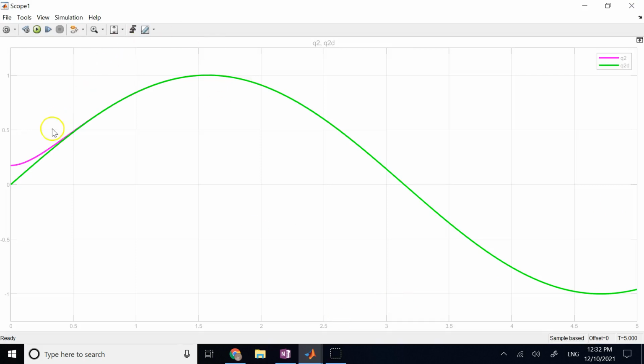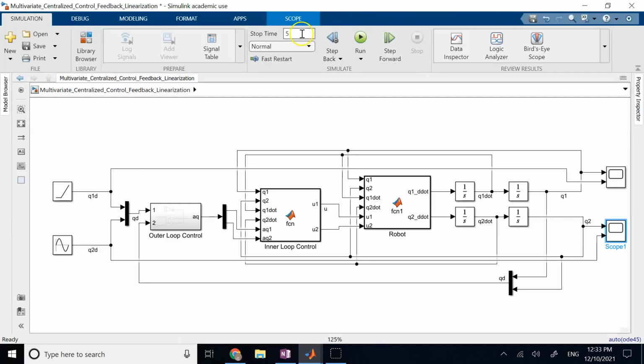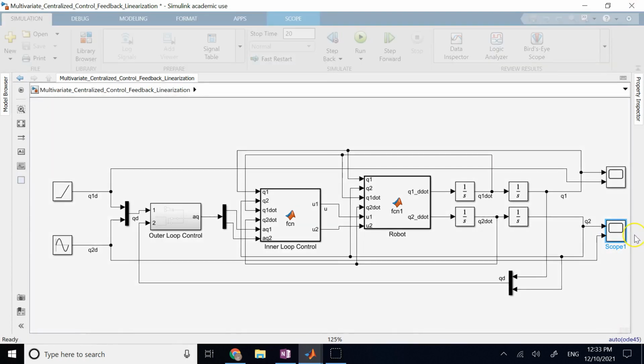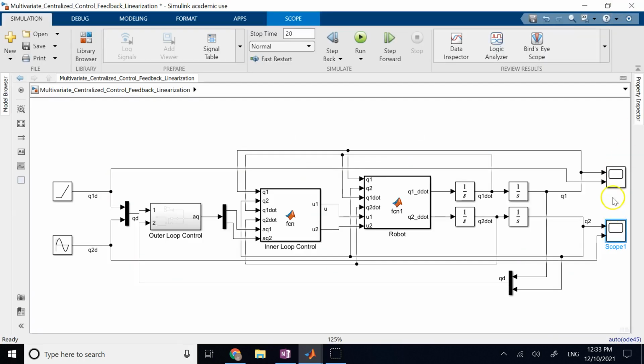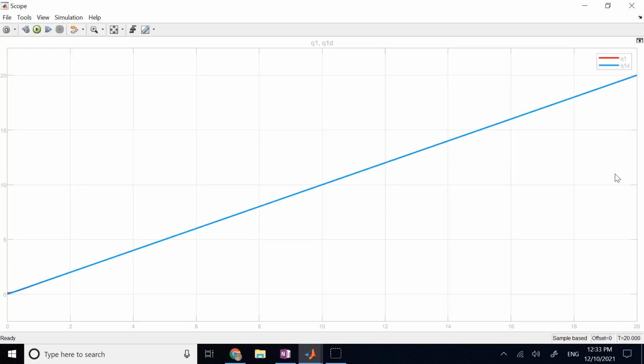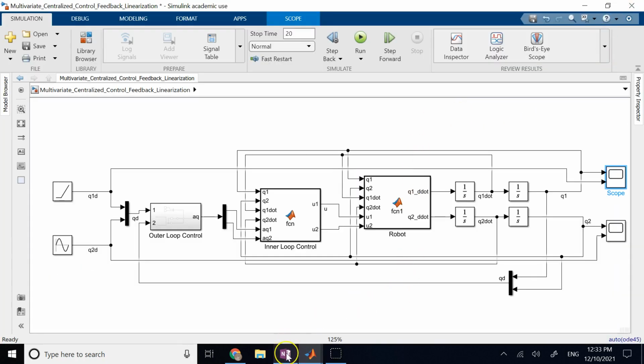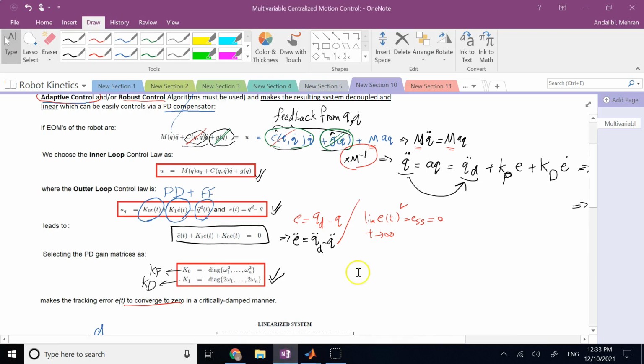It took less than a second for Q2 to match the time varying Q2 desired, and if you simulate it for a lot more time, you see that there is no problem. So it can well track that, and this one can well track the line. So this is the advantage of this method.